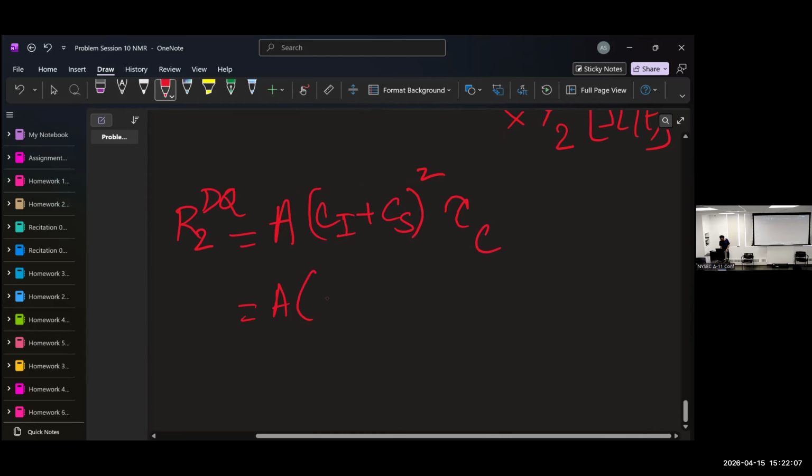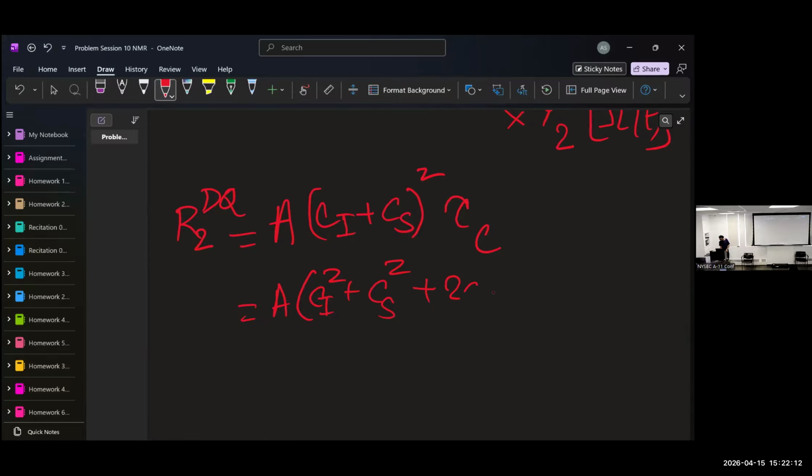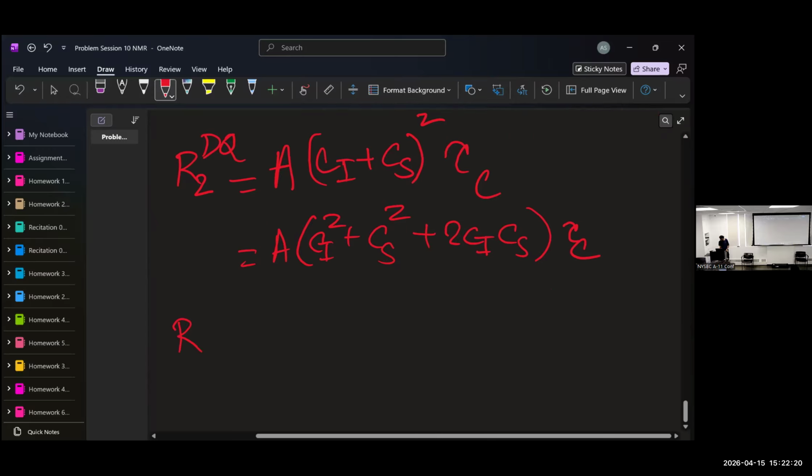If I expand this, you get Ci squared plus Cs squared. And this will be the same as the square of the difference, the square of this one.